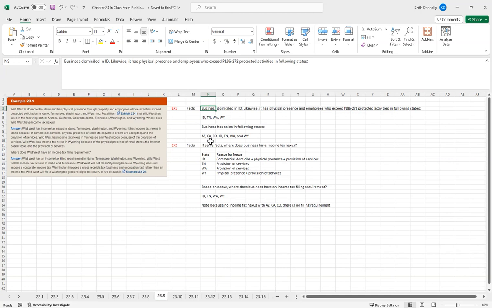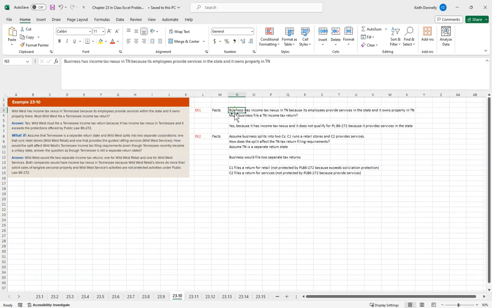So the business is domiciled in Idaho. Likewise, it has physical presence employees who exceed the protection in the following states. So it has sales in the following states. Where's the nexus here? You can see you can establish it through domicile, physical presence, or you have sufficient minimum contacts. 23.10.